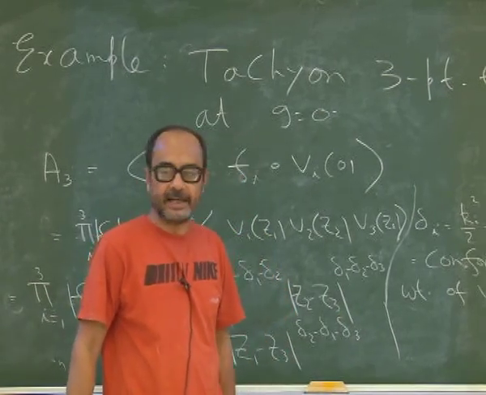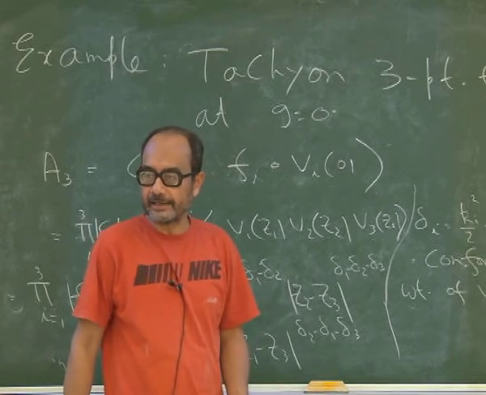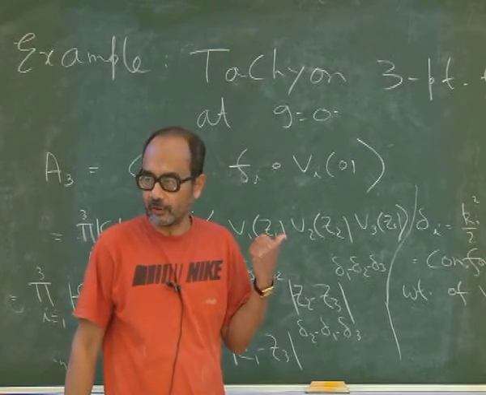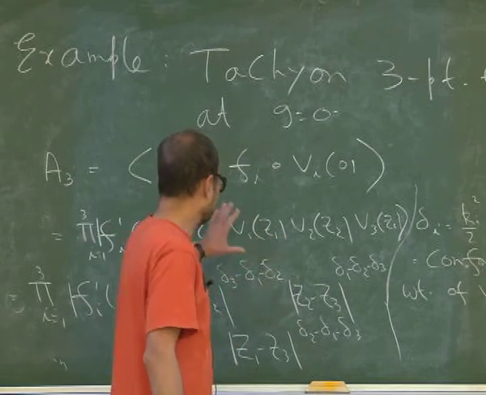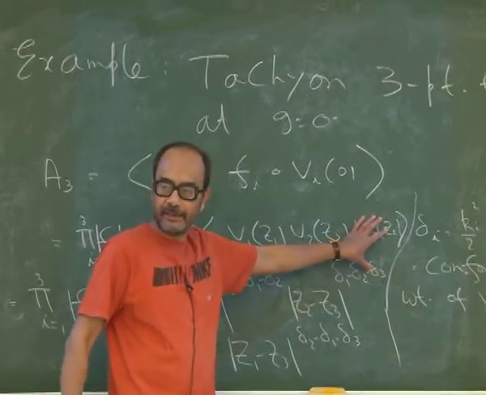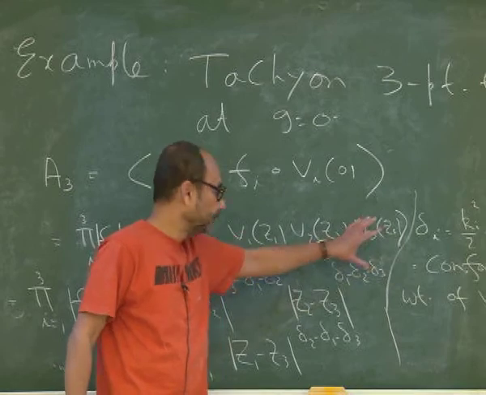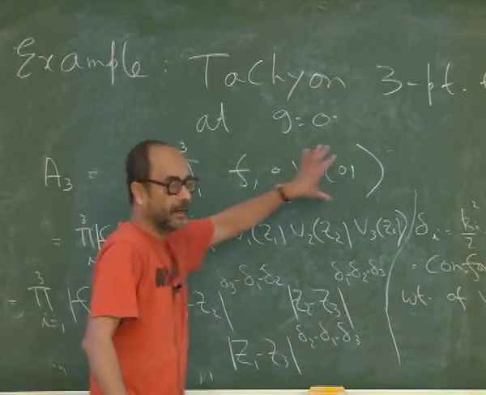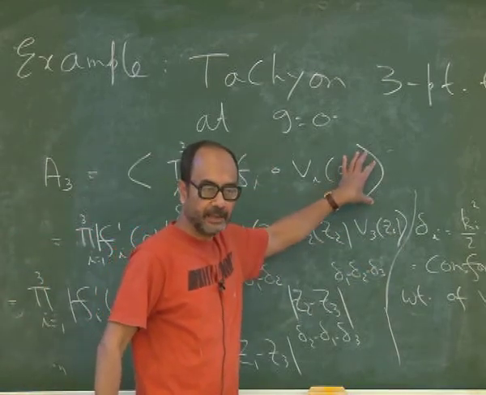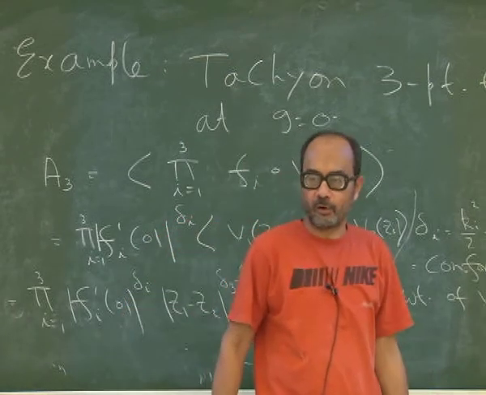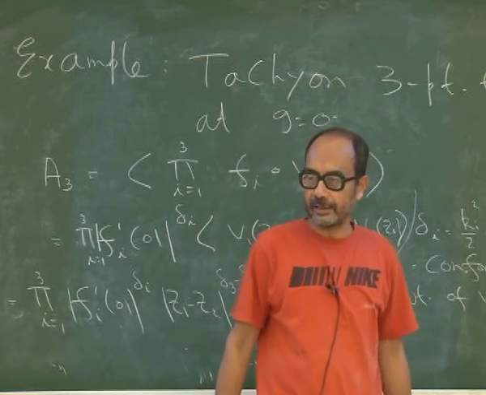If you make a change of the reference coordinate system Z, in this case by SL2C transformation, this would not have been invariant, but this combination, or more generally this combination, is independent of the choice of the Z coordinate system. You make an SL2C transformation, you get the same result.